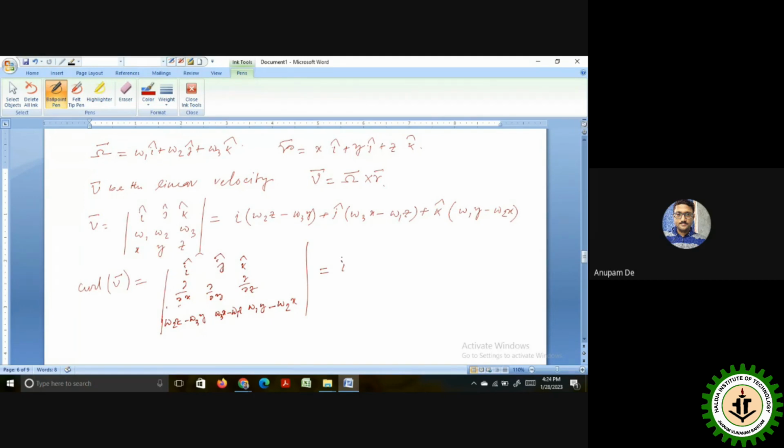You see, i into del/del y of omega 1y minus omega 2x. You see this omega 2x portion will basically be 0. Only you will be getting here omega 1.